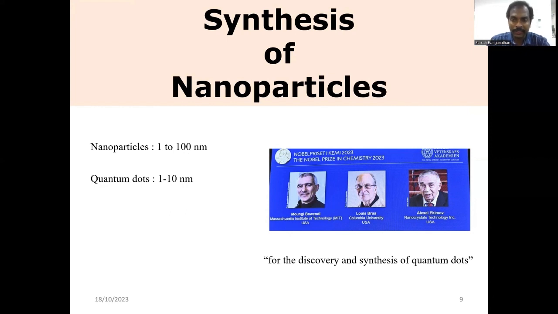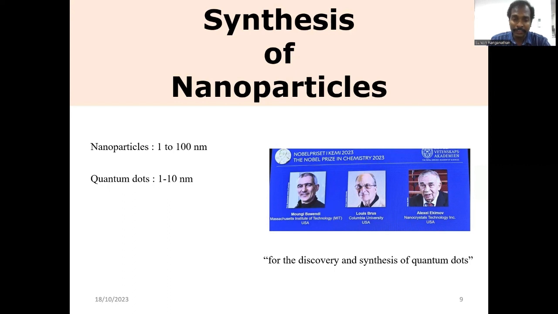Suppose the particles are less than 10 nanometer, that is, the particle diameter or length is 1 to 10 nanometer, then we can say they are quantum dots. One important thing is that the Nobel Prize for Chemistry this year was announced for three scientists from the USA because of their discovery and synthesis of quantum dots.